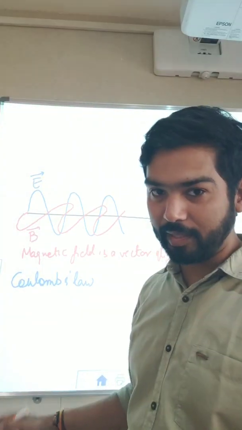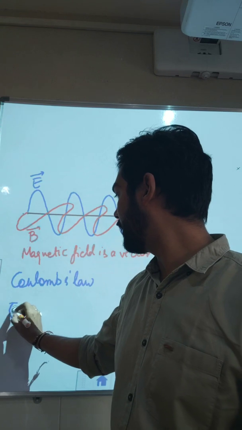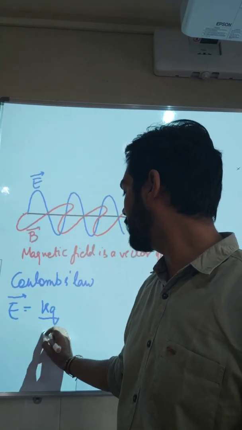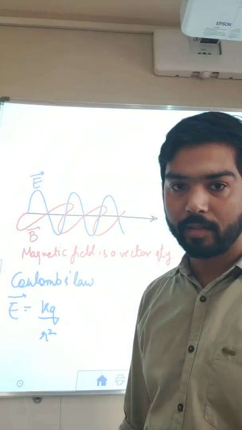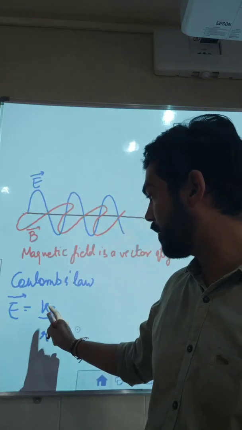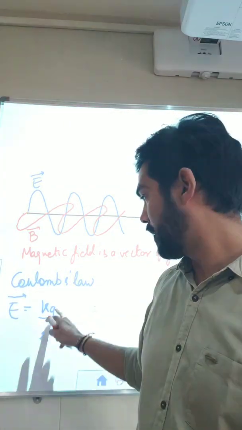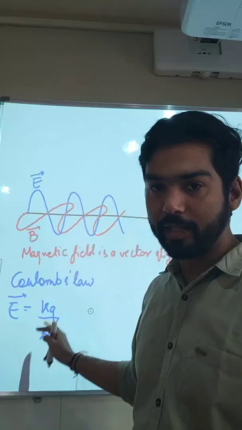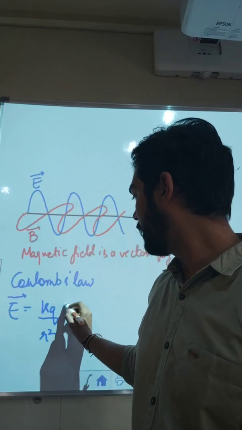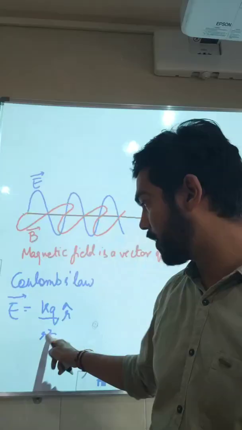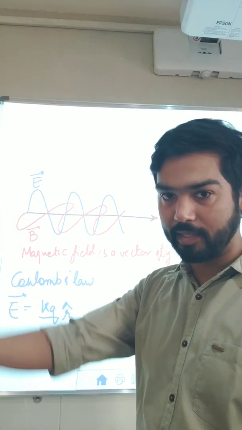Coulomb's law told you that electric field varies as an inverse square of the distance, and it is directly proportional to the strength of charge in coulombs, right? And in order to find the direction, we would put an r cap over here, where this r cap would be a unit vector in the direction of the radial distance, right?